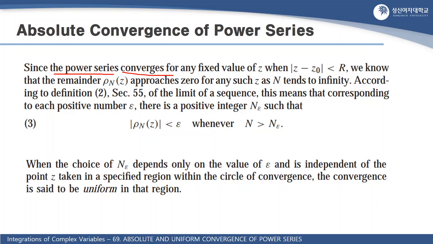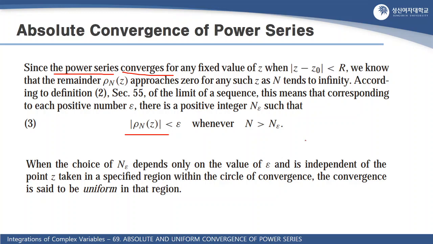According to definition 2 of the limit of a sequence, this means that corresponding to each positive number epsilon, there is a positive integer N sub epsilon such that the absolute value of R sub N(z) is less than epsilon whenever large N is greater than N sub epsilon.